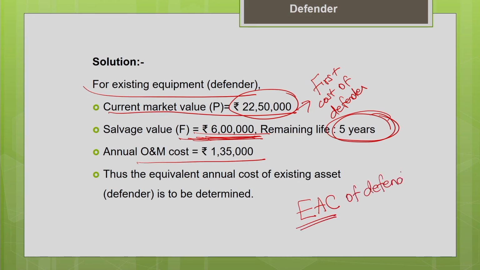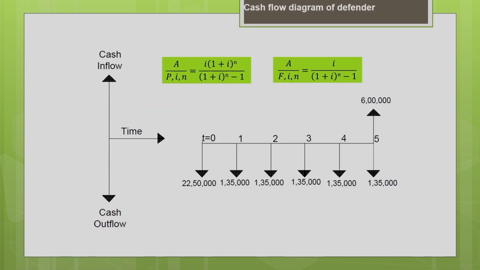Based upon this, you are supposed to calculate the equivalent annual cost of the Defender. For that, you need to draw the cash flow diagram. Let us draw the cash flow diagram and do the analysis. The first cost of the Defender is nothing but the current trade-in value of the machine, that is 22 lakh 50,000. Every year the operating cost is going to be the same, 1,35,000.